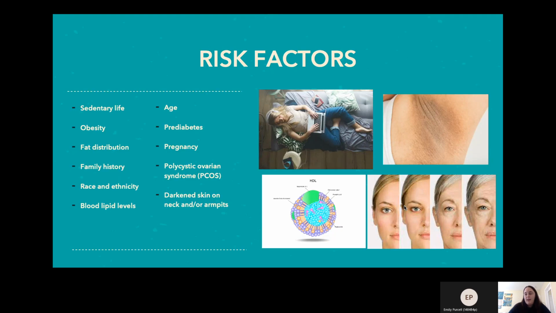So there are some risk factors associated with type 2 diabetes, and we'll see in future slides that these risk factors also play a role in other metabolic issues. The first is a lazy lifestyle. I have a picture of a girl on her computer laying down.